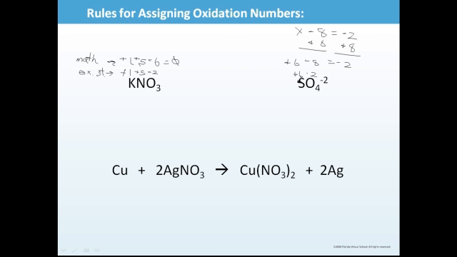So the oxidation state would be plus 6 for the sulfur and minus 2 for the oxygen. All right, so that's how we find the oxidation numbers. Now let's look at it in an equation, in a reaction. Okay, we're going to go through each compound and assign oxidation numbers. So copper by itself, remember in its neutral state, is going to be 0 for an oxidation state.